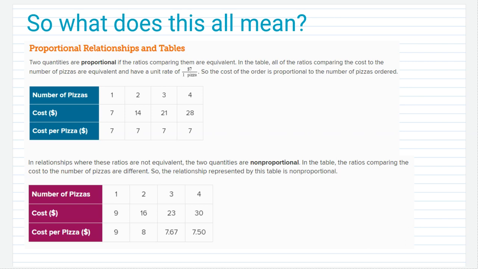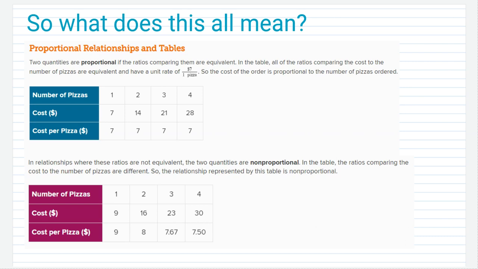Now, in that second table, we just went through two of those ratios, but they were not equivalent. And you can see in this table that they've finished it out. They calculated the last two, and they're definitely not equivalent to where we started. So the two quantities in this case are not proportional, or non-proportional.